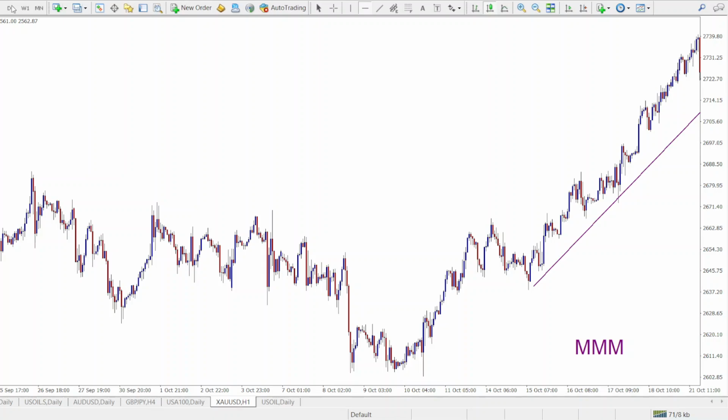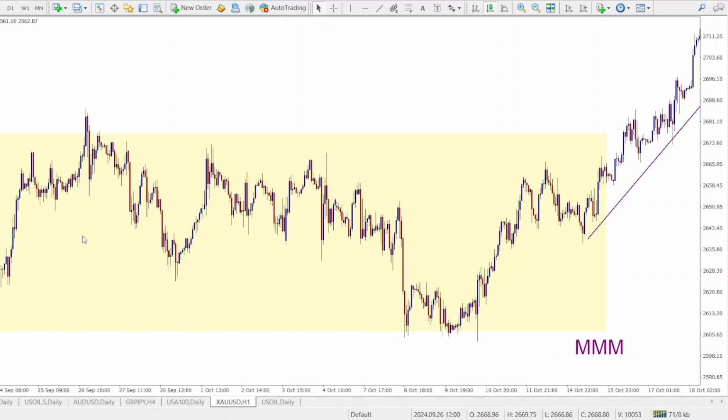We can see that at this period, we had a range bound market around here. You will see price moving sideways. This phase can trick retail traders into thinking the market isn't going anywhere.